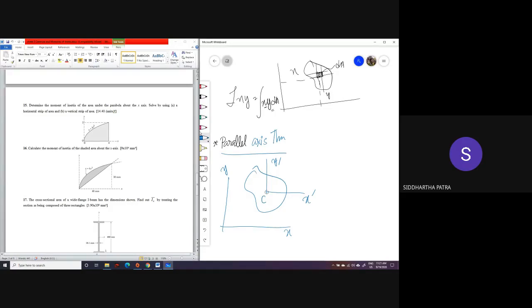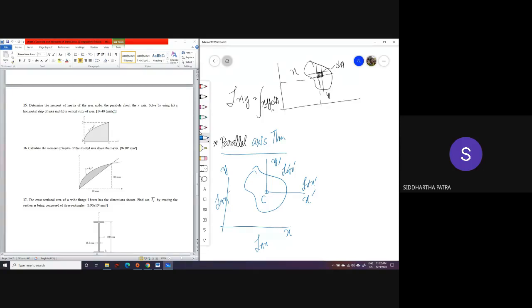Just keep that in mind. But what we see is, in a parallel set of coordinate systems, given Ixx and Iyy, I'm about to get Iy prime y prime and Ix prime x prime. Okay. I can get that using the parallel axis theorem. I'll come to that in a minute.